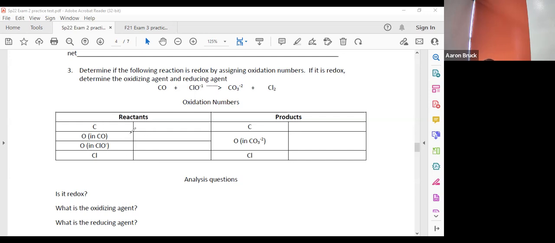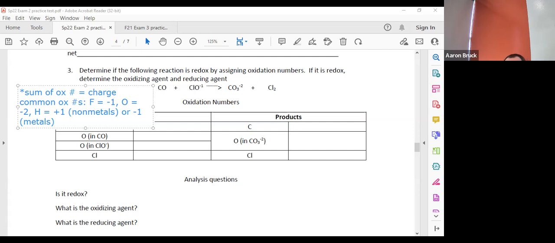When it comes to oxidation numbers, what we need to remember are those basic guiding principles. Those are our common rules.